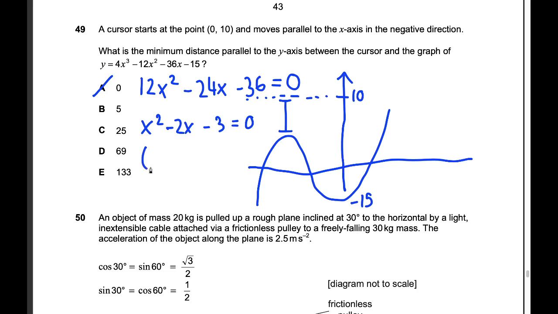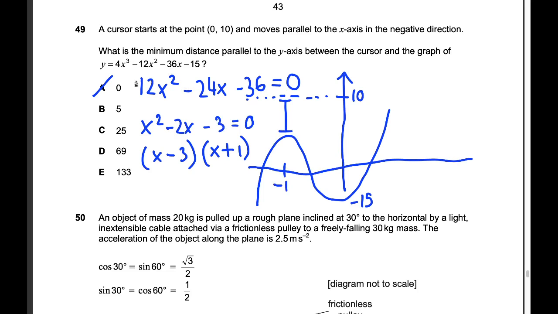And then it's x minus 3, so one solution is x equals 3, and x plus 1. So the x equals 3 solution is going to give my minimum, and my x equals minus 1 is going to give my maximum. So this is minus 1. So I need to work out this local maxima here.